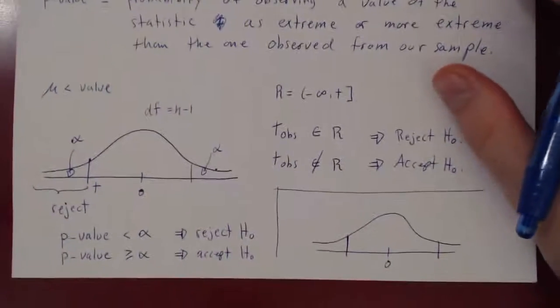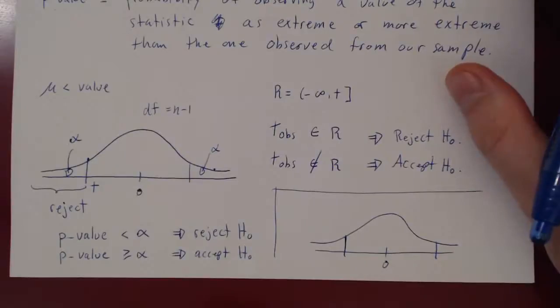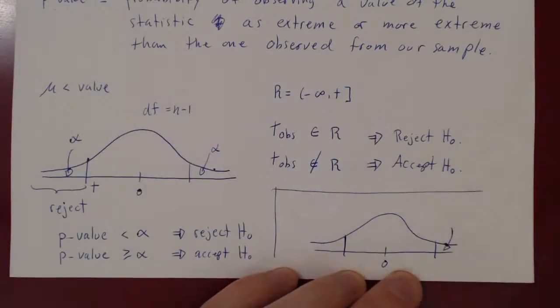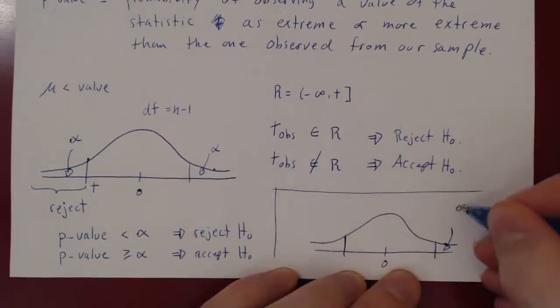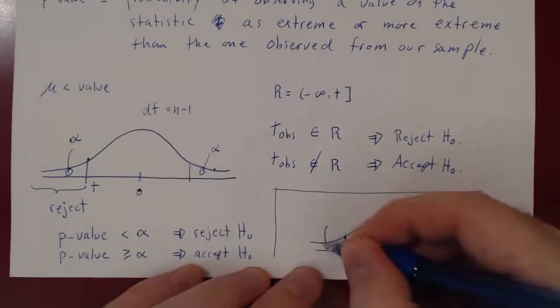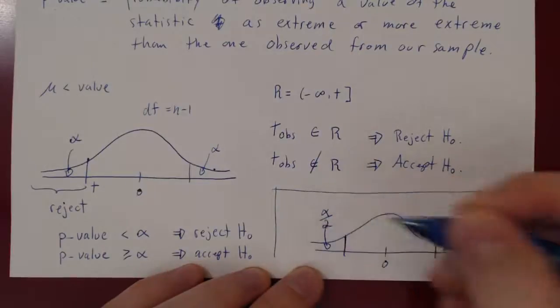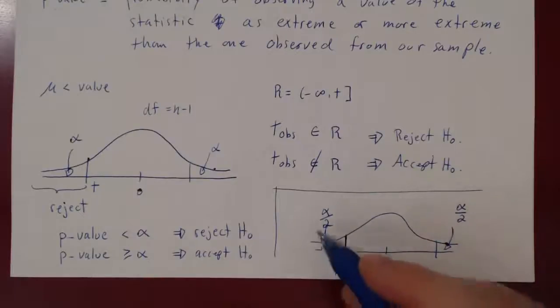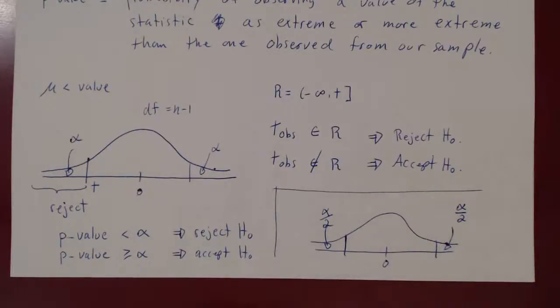So if you ever have a two-tailed test with an alpha level of significance, you have to reject a total of alpha percent of values, so you would reject alpha over 2 of the right tail and alpha over 2 of the left tail. So in total, you're rejecting alpha percent of the more extreme values.